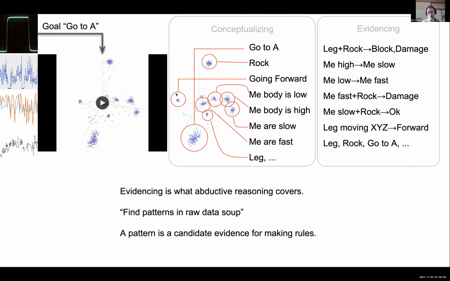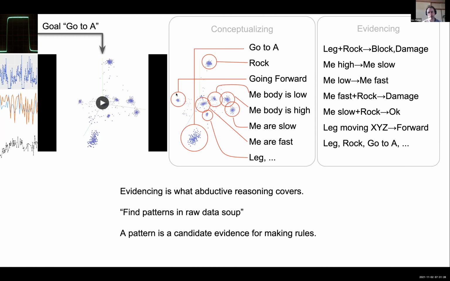That's why I call it evidencing. The idea, which I've talked about several times in the past, is that our rover has just signals from the sensors, a soup of data that is shapeless. But with some work, we can start to see some structure in that soup. And out of that soup, can we see some connections?